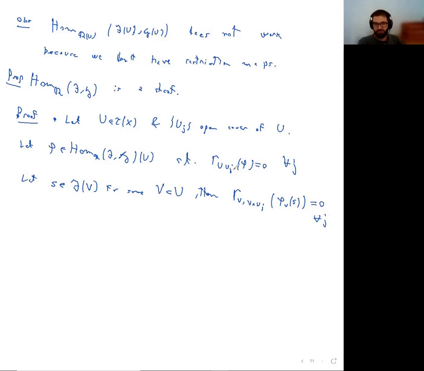This is what it means: you take any section on a smaller set, and that one is 0. That is the 0 morphism. So phi_V of s is just 0.